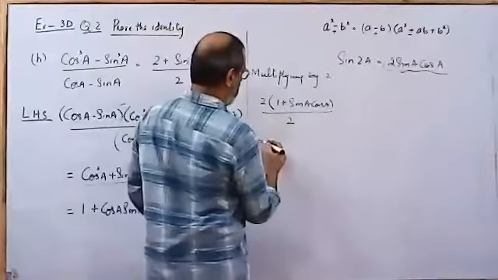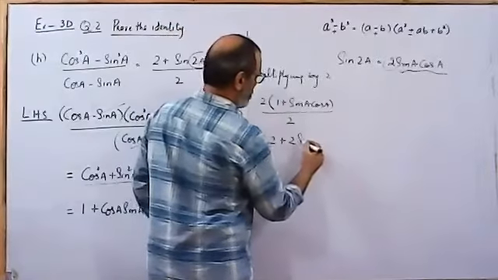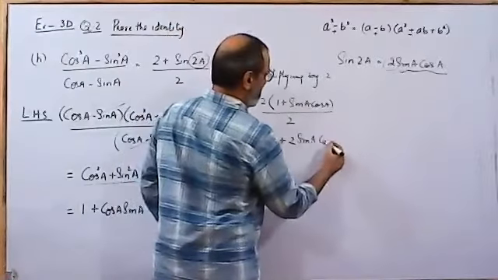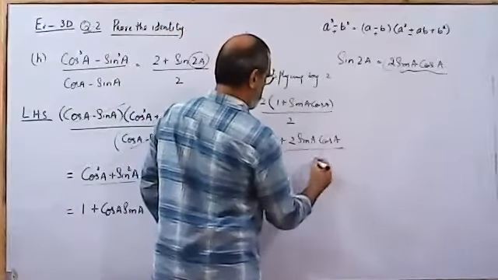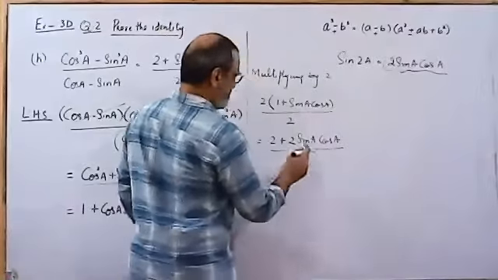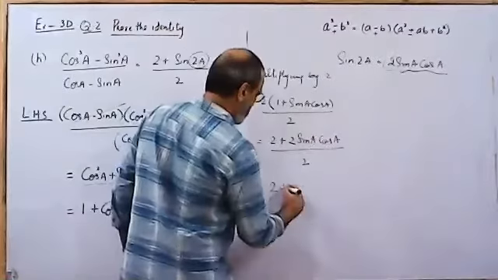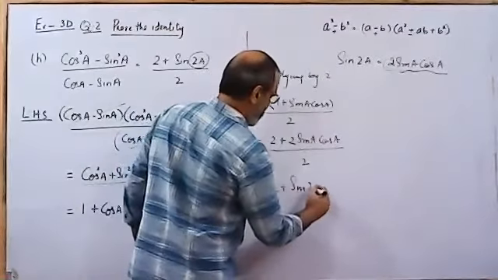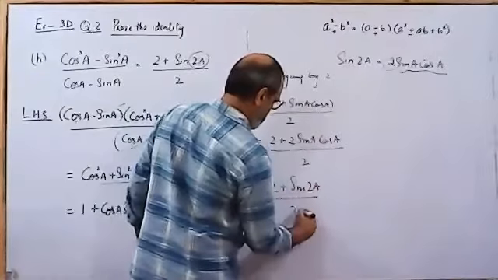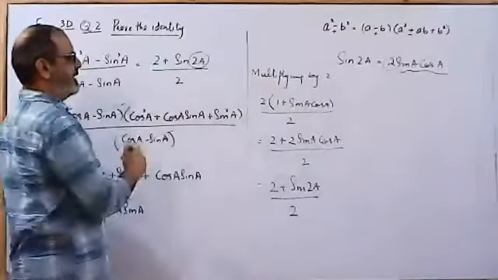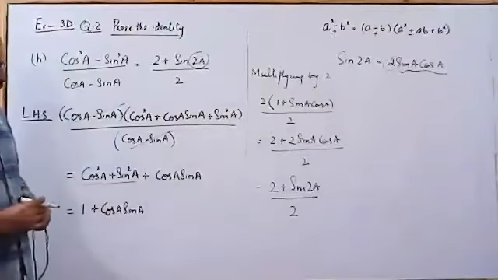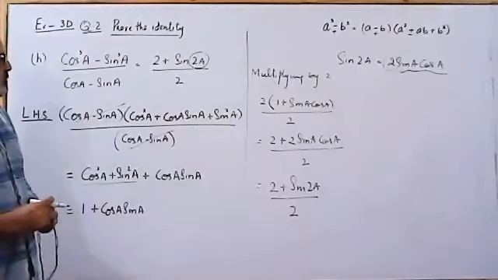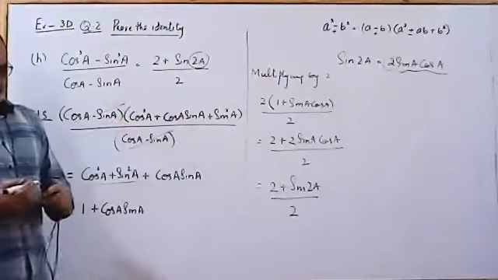So it will give me 2 plus 2 sine A cos A. 2 sine A cos A will be sine 2A. So it is our required expression: 2 plus sine 2A over 2, the right hand side.